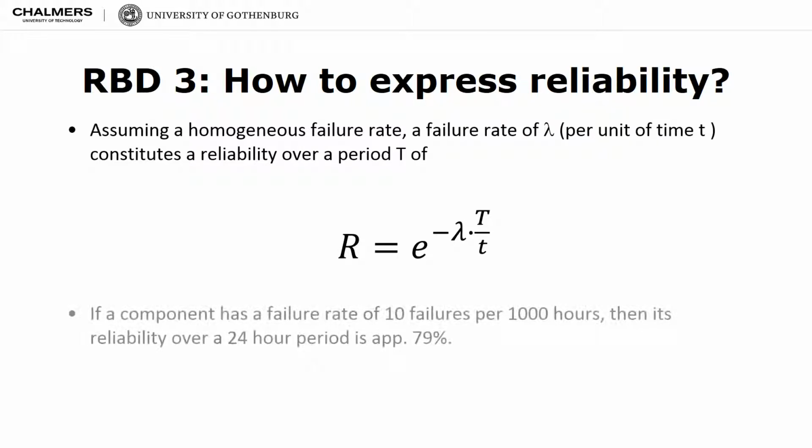For example, if a component is estimated to have a failure rate of 10 failures per 1000 hours, then its reliability over a 24-hour period is calculated to be approximately 79%. Try if you can repeat this calculation for yourself.